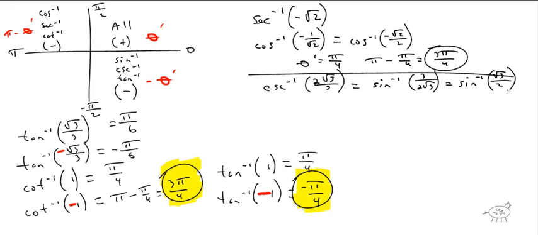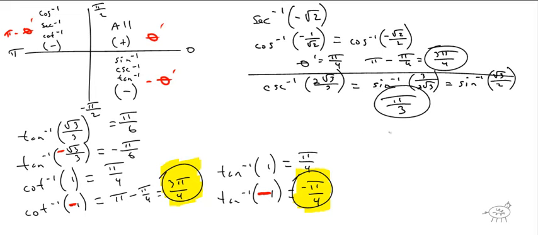So again, you ask yourselves, the sine of what is root 3 over 2? And it's going to be pi over 3. So my reference angle is pi over 3. And guys, whenever it's positive, that is super easy because that's just the reference angle. That's it. So my answer is pi over 3. It's really, really easy.